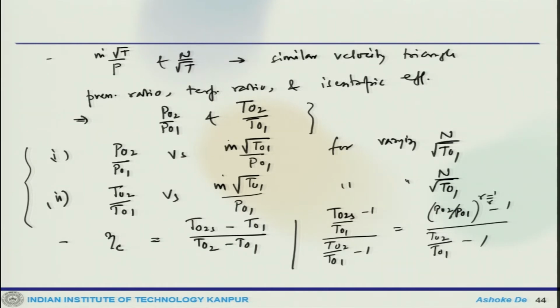So, typically, instead of plotting T naught 2 by T naught 1, this eta c is plotted.